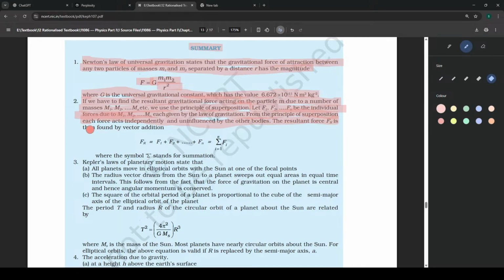The resultant force Fr is then found by the vector addition Fr equals F1 plus F2 plus dash dash dash Fn, the summation of i equals 1 to n of Fi, where the symbol sigma stands for summation. This is vectorially added.